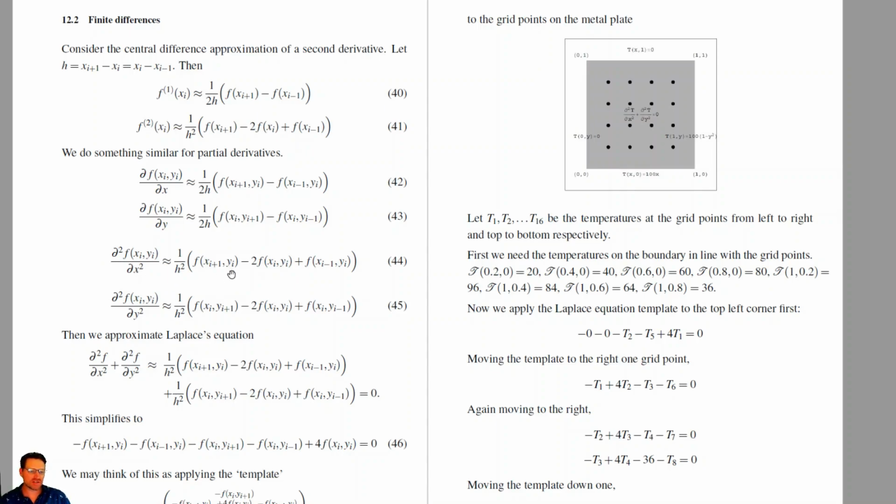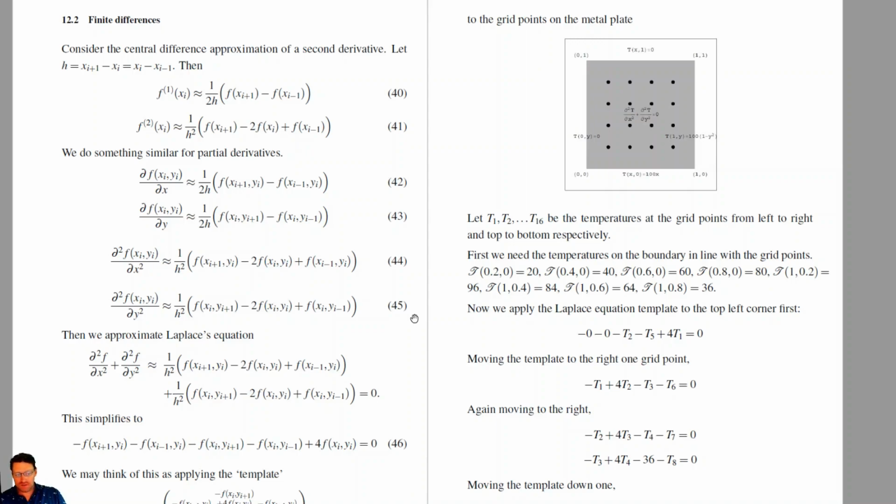So we fix the y values here for the approximation of the second derivative of f with respect to x. And in the second derivative of f with respect to y, we fix the x values and we move ahead and behind in the y values. So these two, equation 44 and 45, are approximations of the second order partial derivatives of f with respect to x and with respect to y respectively.